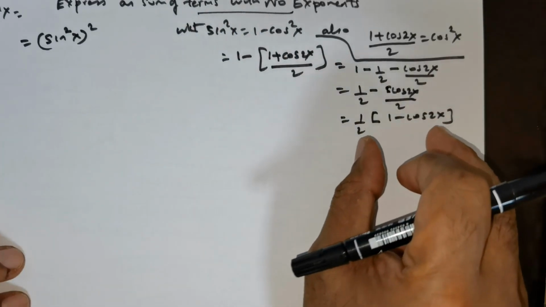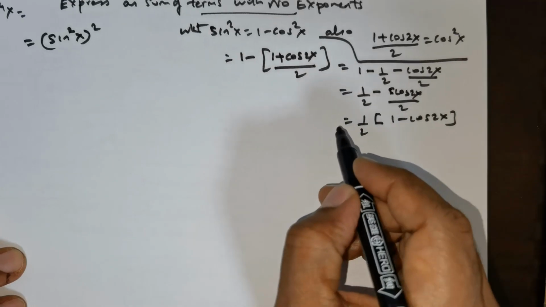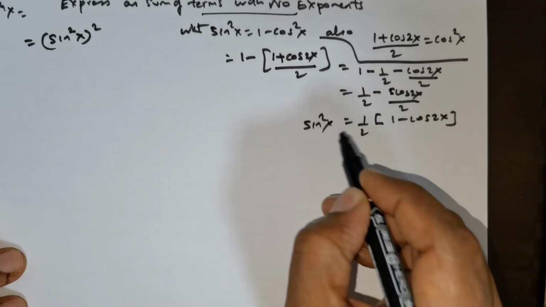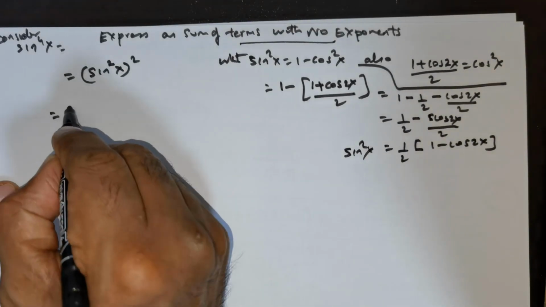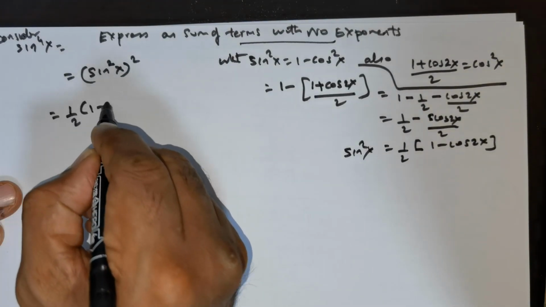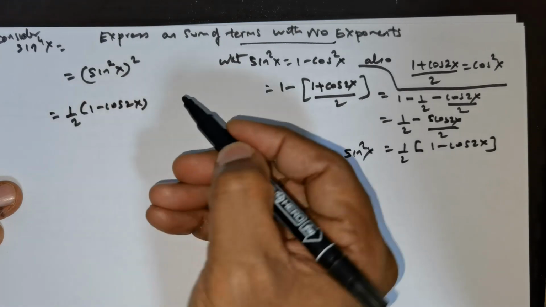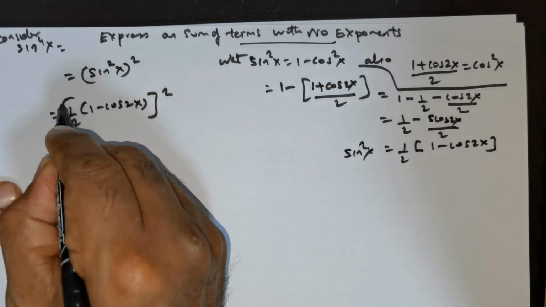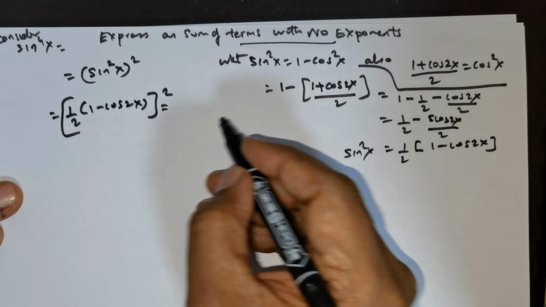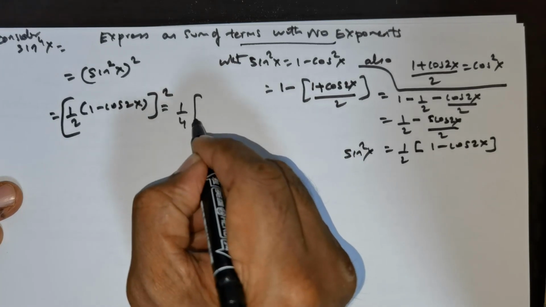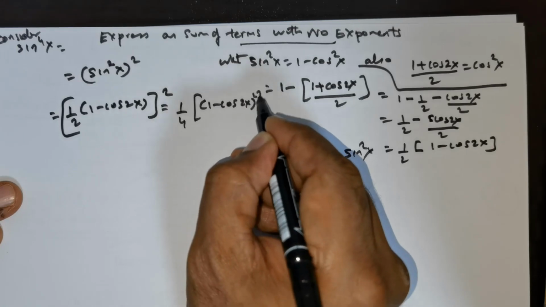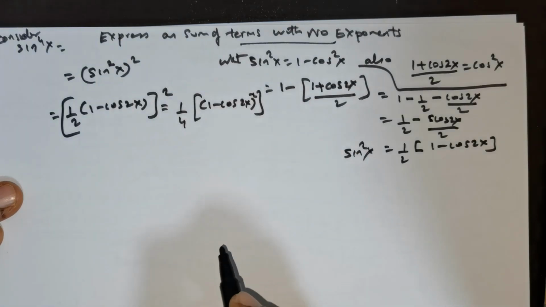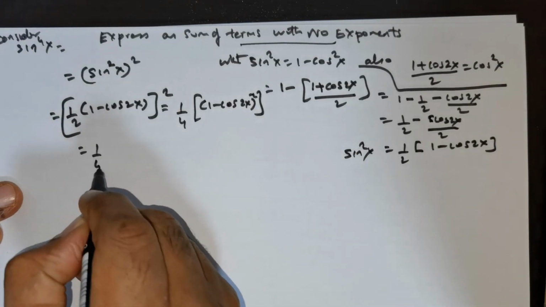So I can take this and substitute it in place of sine squared x. That's exactly what I'm going to do. So this is equal to 1 over 2 times 1 - cos 2x. This is raised to the power of 2. So this can be further rewritten as 1 over 4 times 1 - cos 2x raised to the power of 2. Now you can expand this.